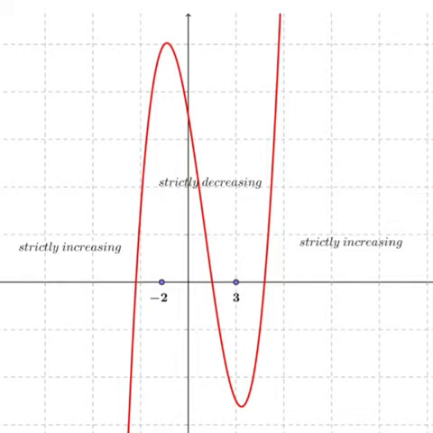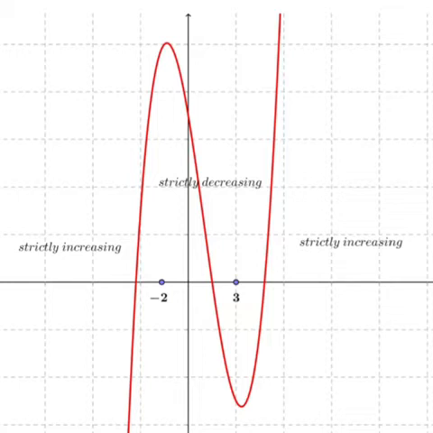And the interval from x equal to 3 to +infinity, this is the interval where the graph is increasing. So it is very easy to learn about increasing and decreasing functions if you have a graph like this.